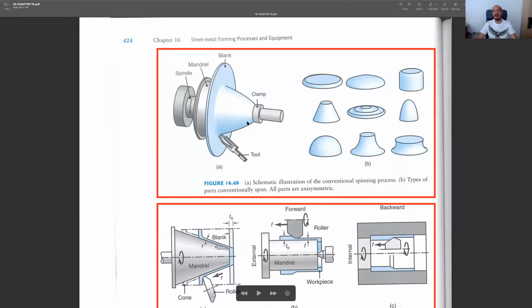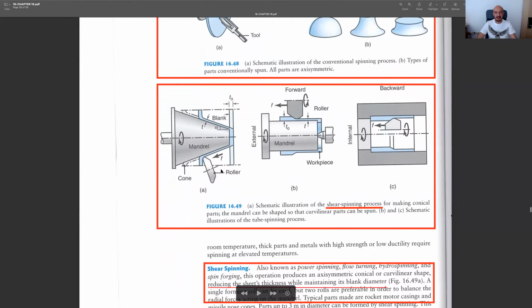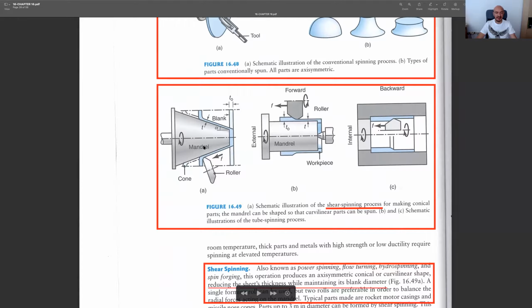Another issue you can see is that we are using a kind of roller. Since we don't want to have a cutting operation, we don't want to remove material from the surface, that's why we are not using sharper edges. Instead, we use such a roller so that without removing material, the blank material can be spun. And we have some types of spinning processes. The first one is the shear spinning process.